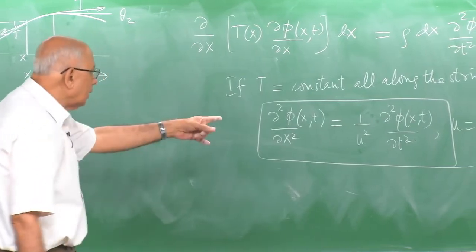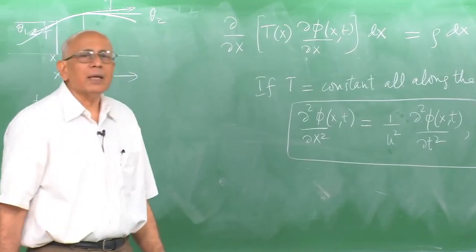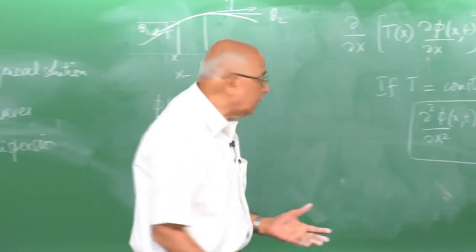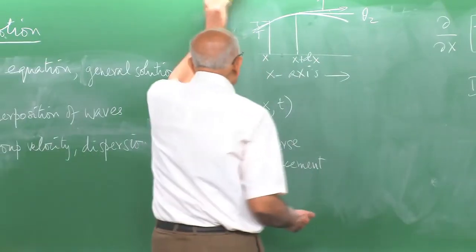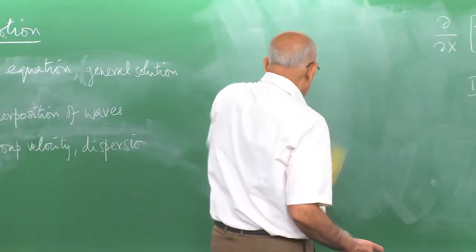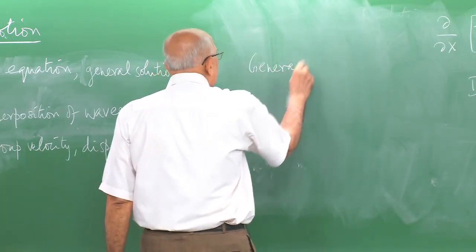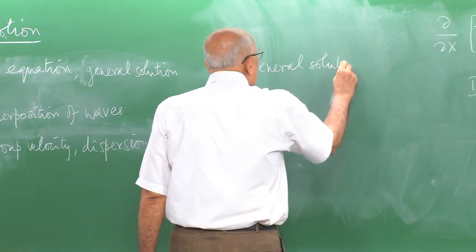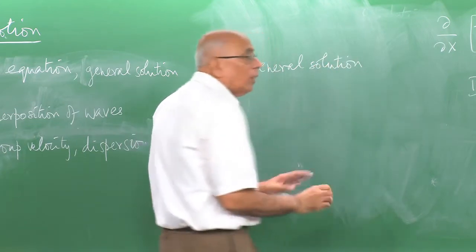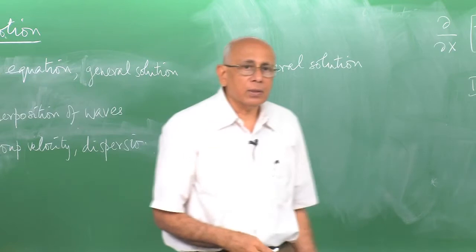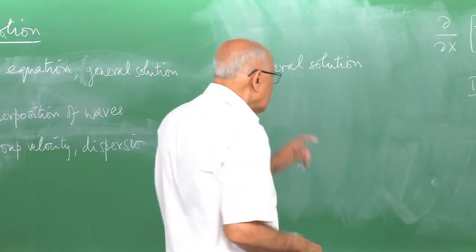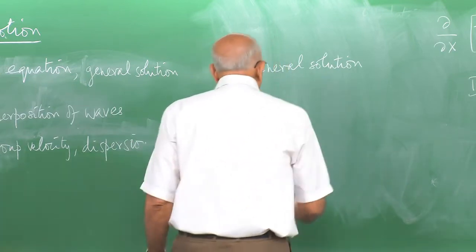Now, one can ask, given an equation of that kind, what is the general solution to it? Not surprisingly, the general solution to this wave equation, without putting in anything else like boundary conditions or initial conditions, is due to D'Alembert.